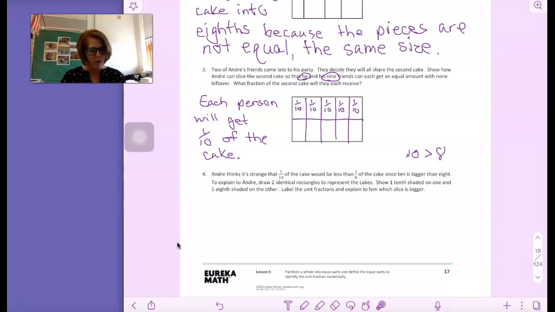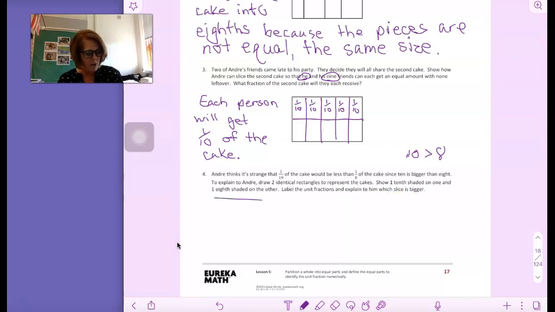It's a little different with fractions. To explain to Andre, draw 2 identical rectangles to represent the cakes. Show 1/10 shaded on one and 1/8 shaded on the other. Label the unit fractions and explain to him which slice is bigger.